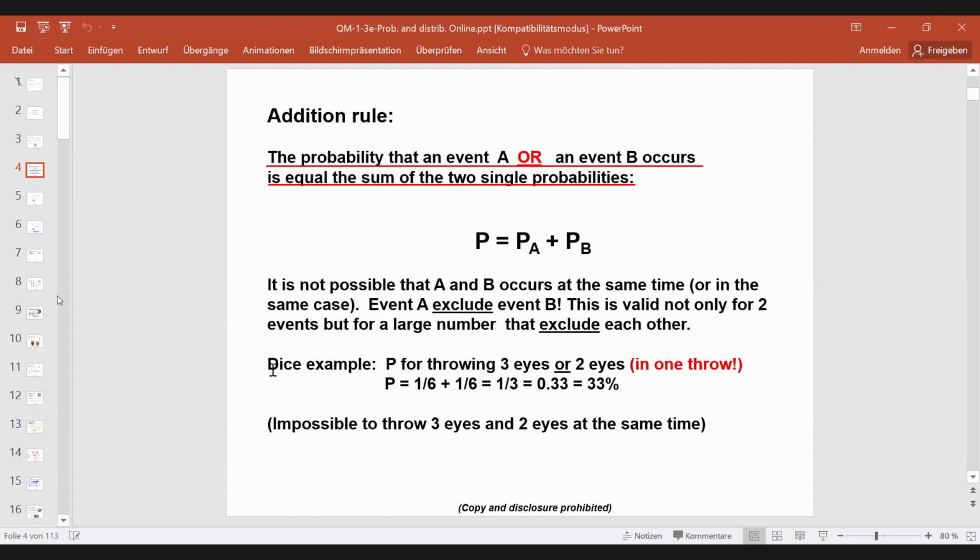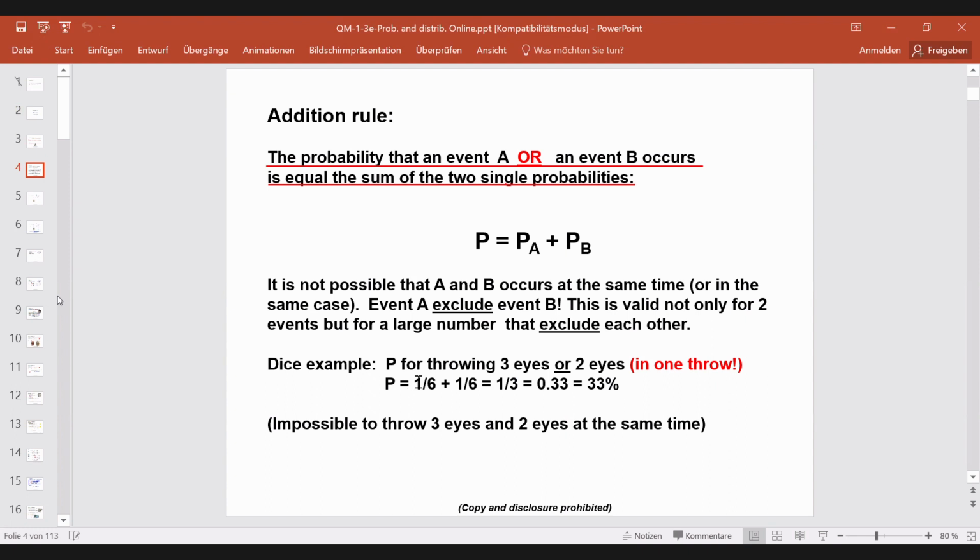An example, again the dice example. The probability for throwing 3 eyes or 2 eyes in one throw. This is the single probability to throw three eyes: it is 1 divided by 6. There are 6 possibilities, and one possibility is for throwing 3 eyes.